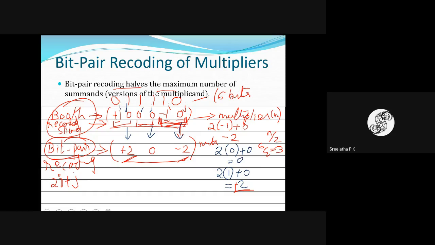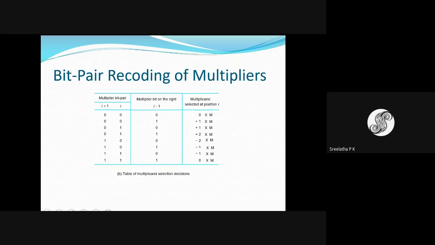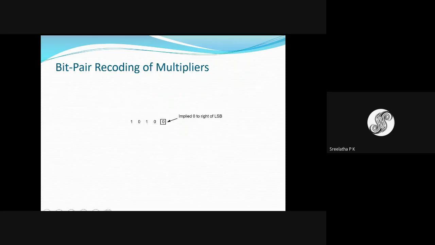Yes, bit pair recoding halves the maximum number of summands, so the number of partial products formed is halved. We'll see how the multiplication process should happen here.